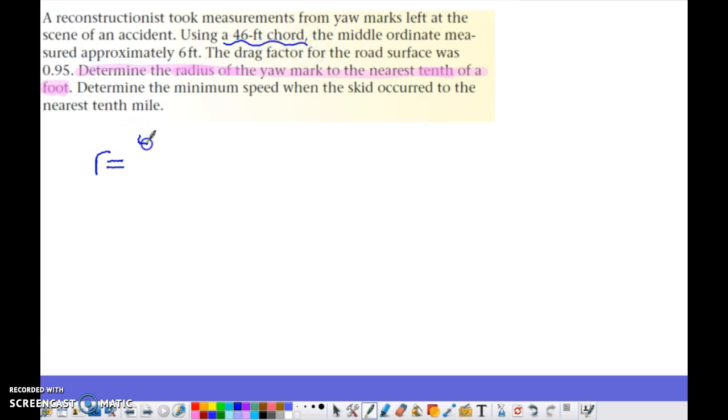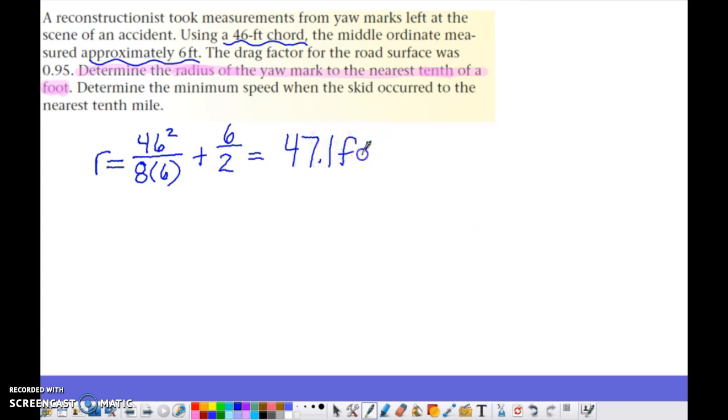So that's going to be that 46 squared over 8 times whatever my middle ordinate is, which it says my middle ordinate is approximately 6 feet. Right, those are all things that they would measure at the scene when they're looking at the yaw mark, plus my middle ordinate over 2. Rounding to the nearest tenth, you should have gotten 47.1 feet. So that is my radius.